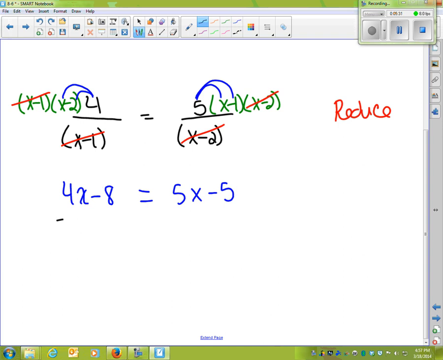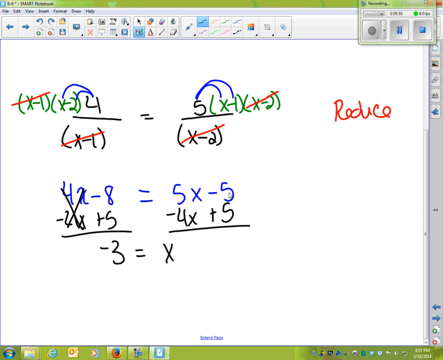I'm going to subtract the 4x from both sides. I'm going to add the 8 to both sides. 4x minus 4x cancels. Negative 8 plus 8 cancels. Sorry, 5x minus 4x reduces to x, and then negative 5 plus 8 is 3. So x is equal to negative 3.